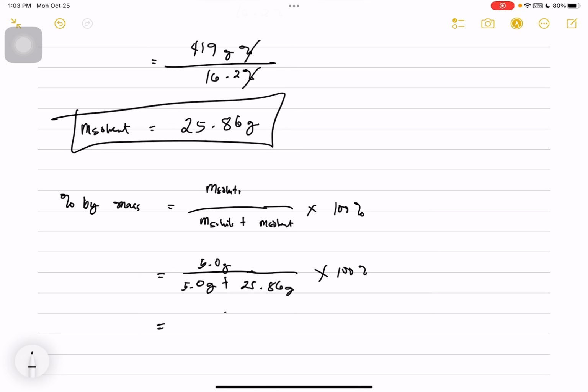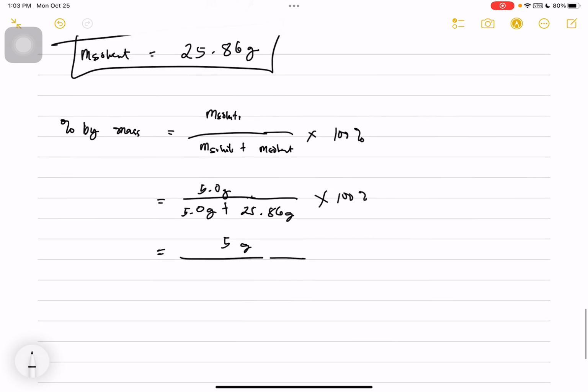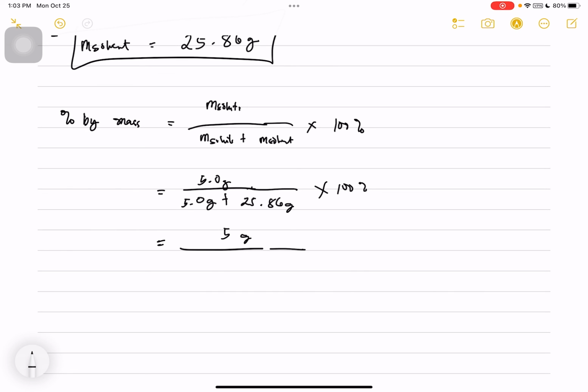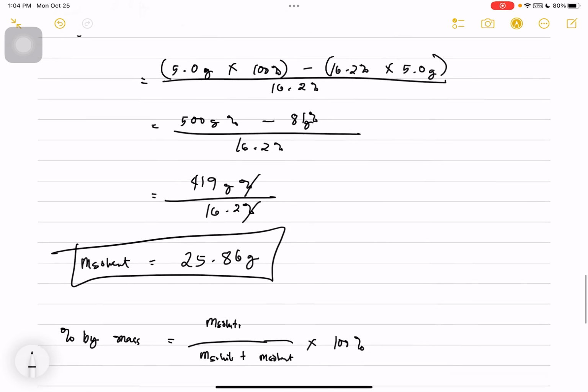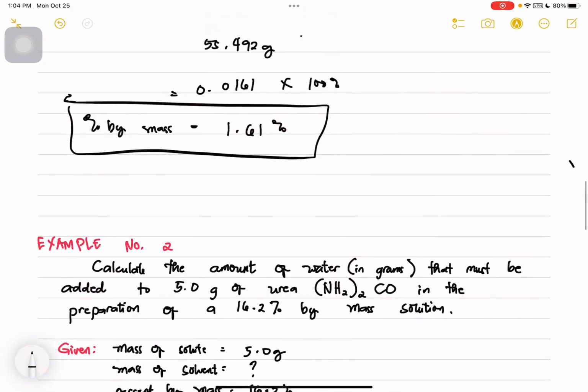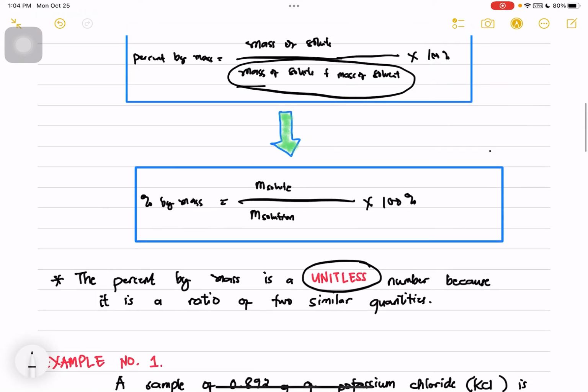So we will have 5 grams divided by 30.86 grams times 100%, and this will give us 16.2%. So the mass of the solvent, that is 25.86 grams, is correct. Now I hope that you understand how to compute for the percent by mass of the solute in the given solution.